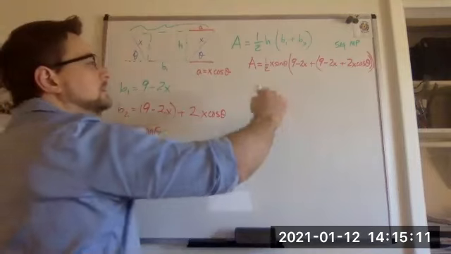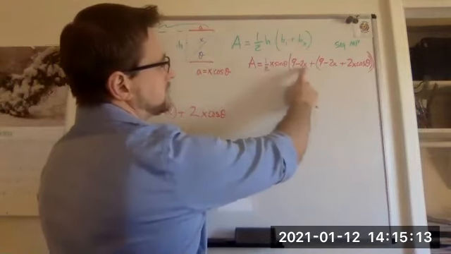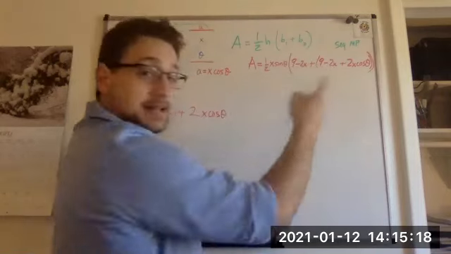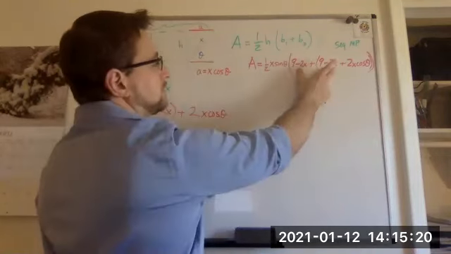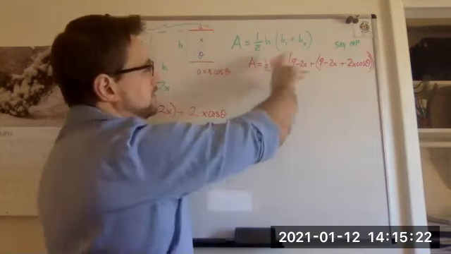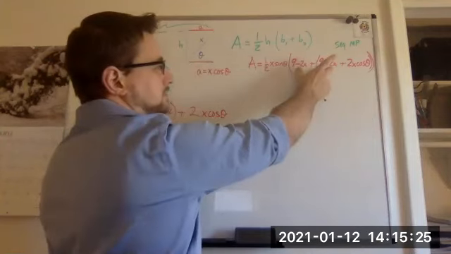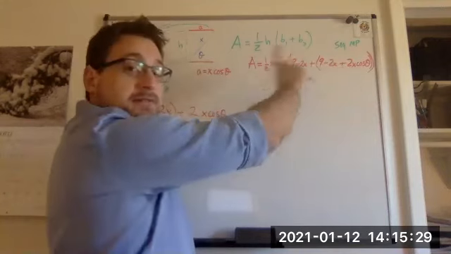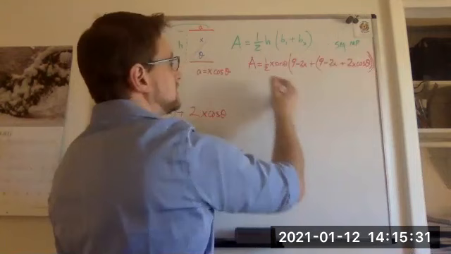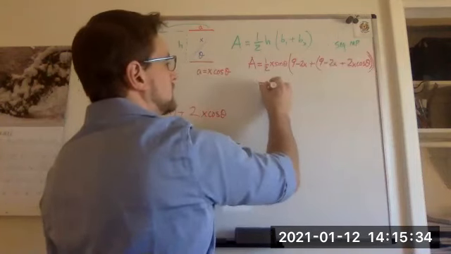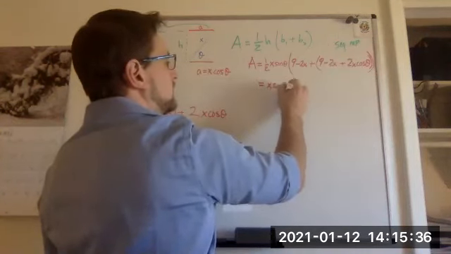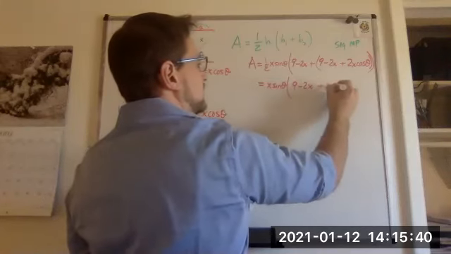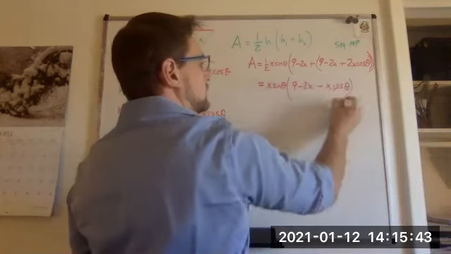So we've got 9 minus 2x plus another 9 minus 2x. But we've got this factor of a half out here, so we can distribute that. We also have 2x cosine theta, but with a factor of a half if we distribute, just x. So x sine theta times 9 minus 2x plus x cosine theta.